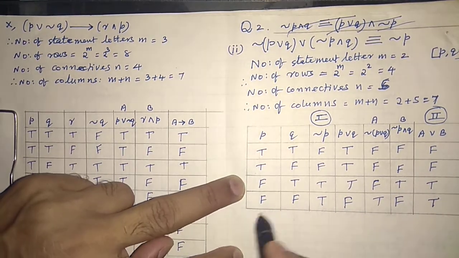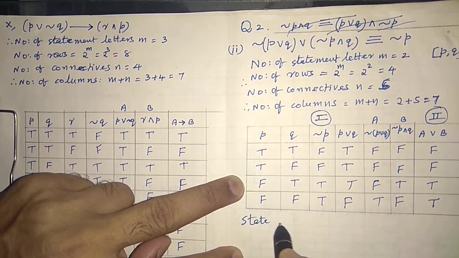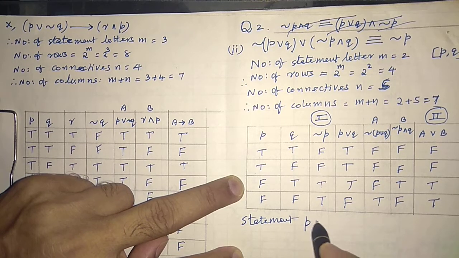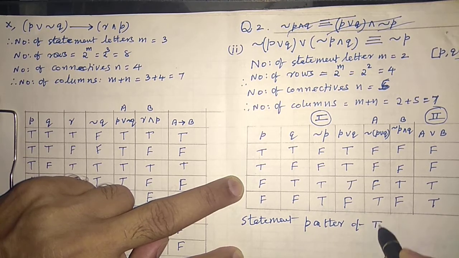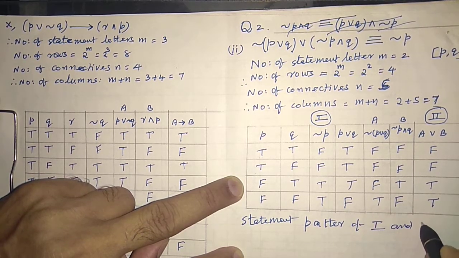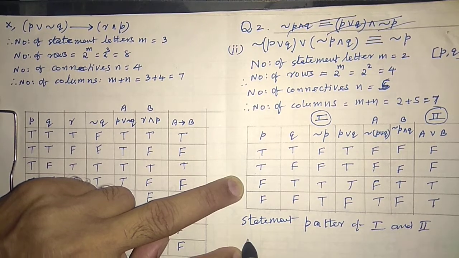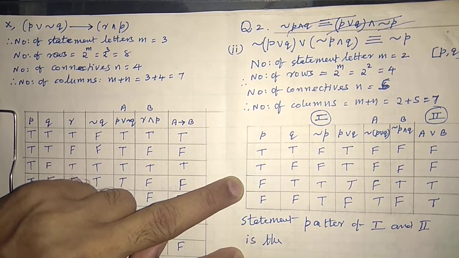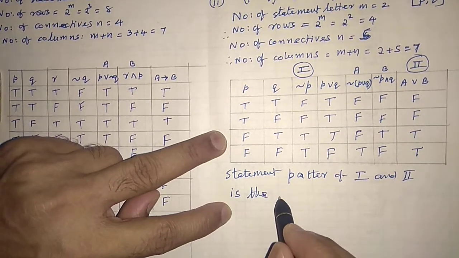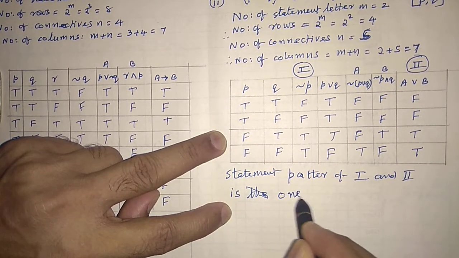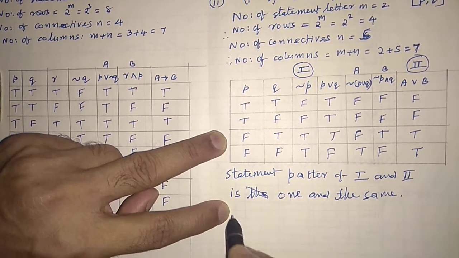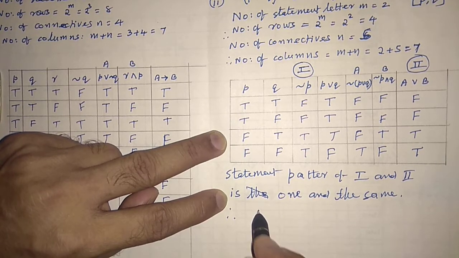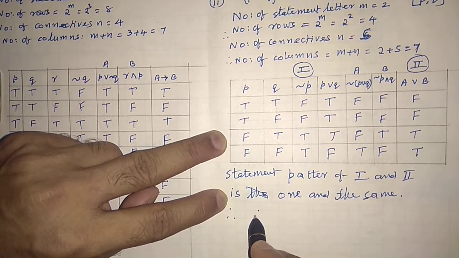So the statement patterns of first and second are one and the same. Therefore, second is equivalent to first. Therefore, given statements are equivalent.